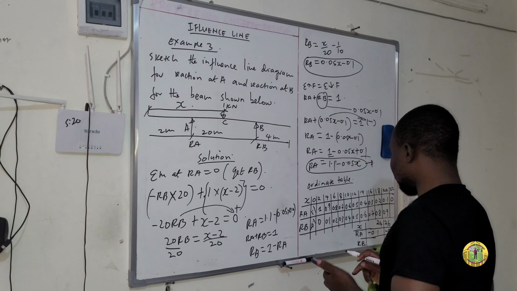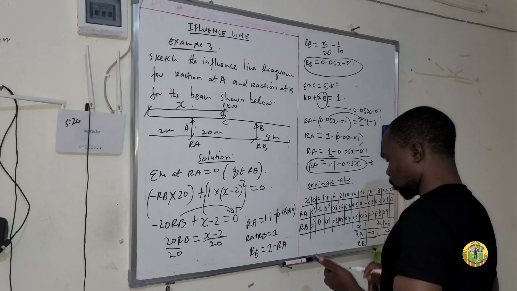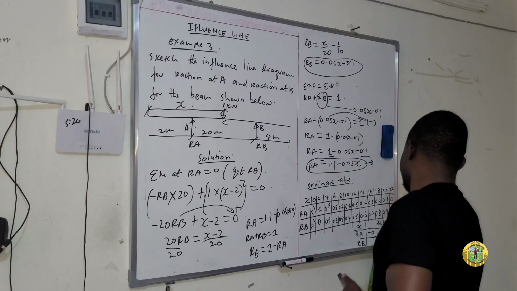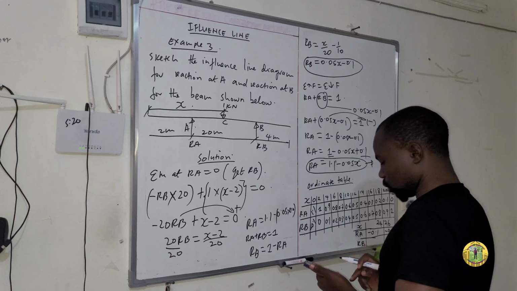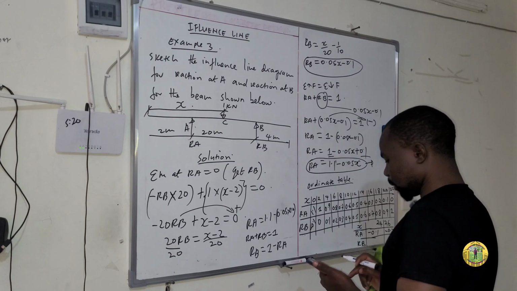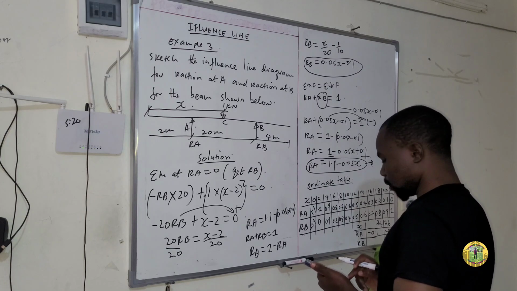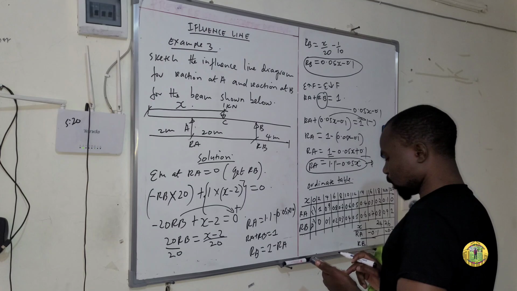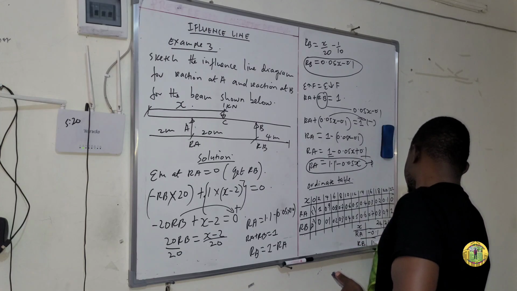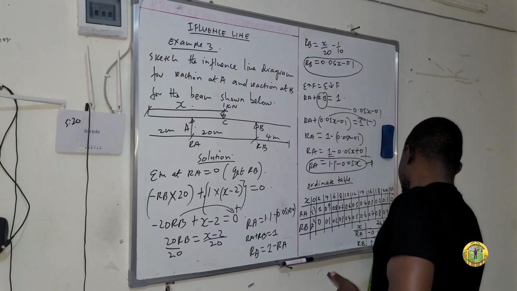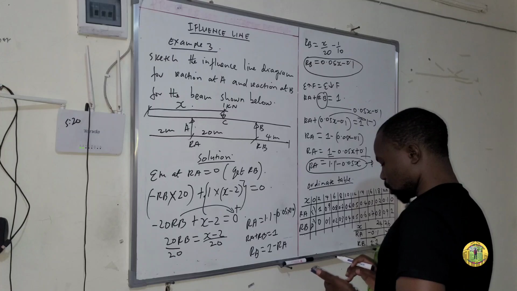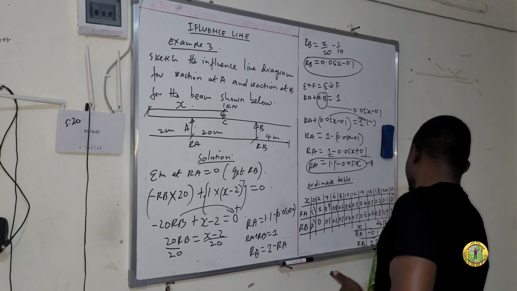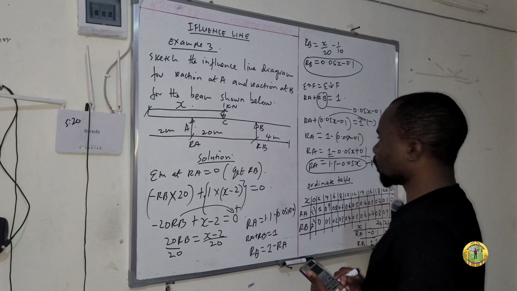And then 1 minus 0, this is 1. And then 1 minus negative 0.1 is 1.1, and 1.2. And you are done with the table.